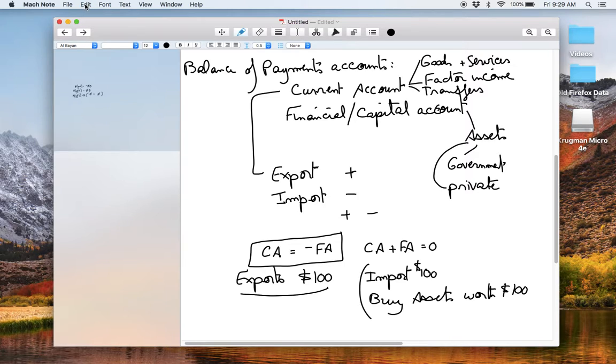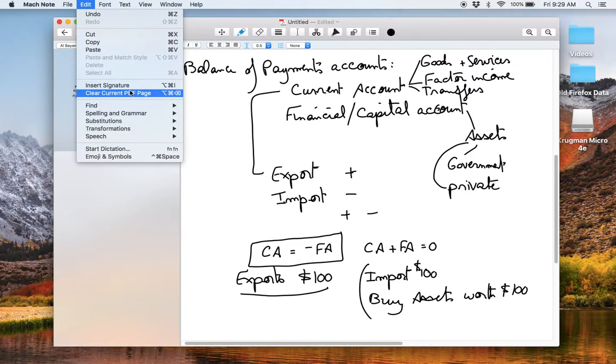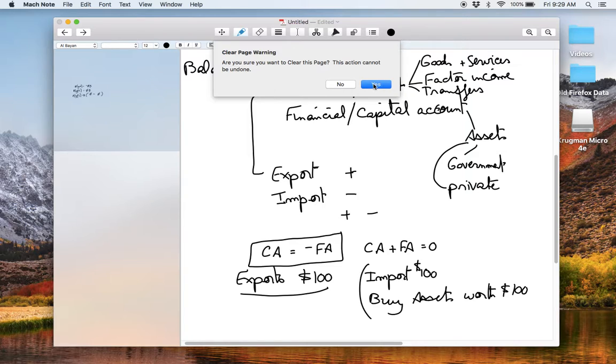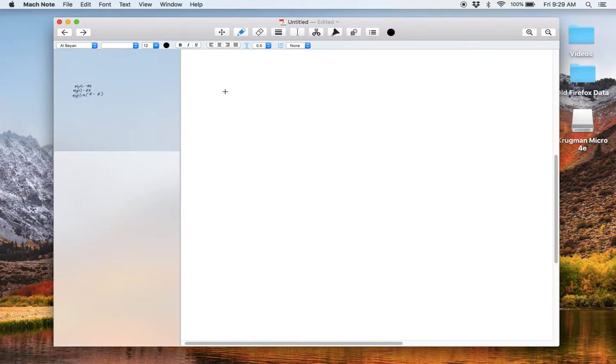So the second thing we spoke about where it comes to balance of payments accounts is that if you look at the loanable funds market, here's loanable funds, and this is the real interest rate. So we have a demand for loanable funds, we have a supply of loanable funds, okay? So suppose that in one country, the real interest rate is 5%.